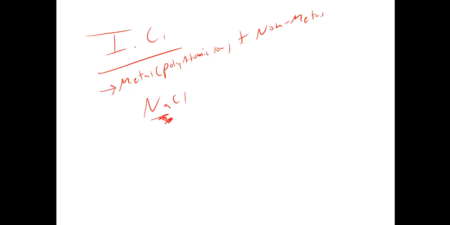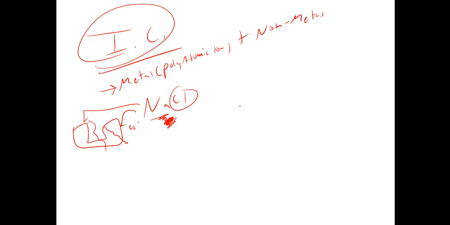Sodium, having memorized the metalloid barrier, so you know which side on the periodic table the metals are. Sodium's on the metal side, and then chloride is on the non-metal side based on the metalloid barrier. Then we know that this is going to be an ionic compound.